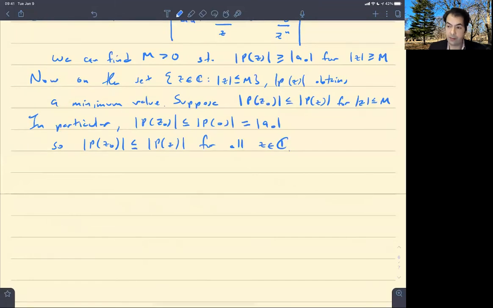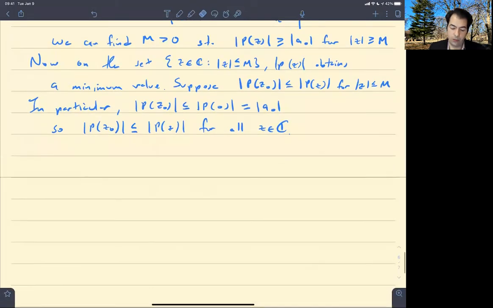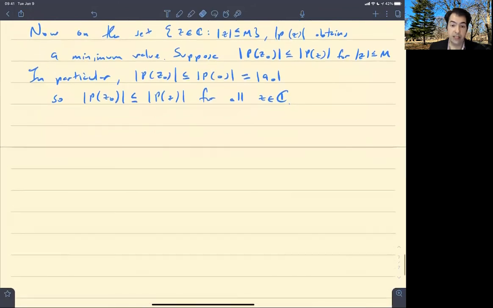Now for the second step, let's center things so that we can replace z naught with the origin, just for convenience. So to do that, let's write things like this.